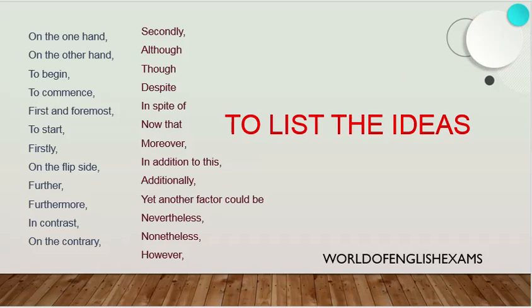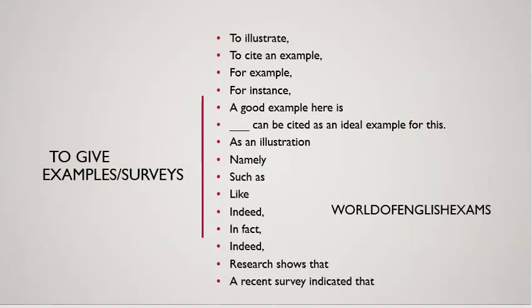So now going back to the third main application of cohesive devices, which is to give examples and surveys. As a part of your essay, you would be given a statement in the question prompt which says you can use examples from your own experience to justify your opinion. Under such circumstances, we need to give supporting examples and surveys.